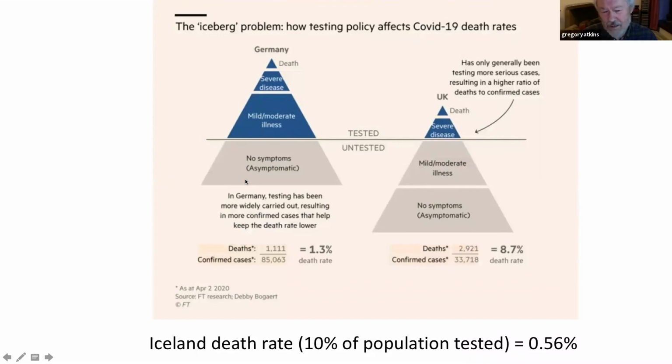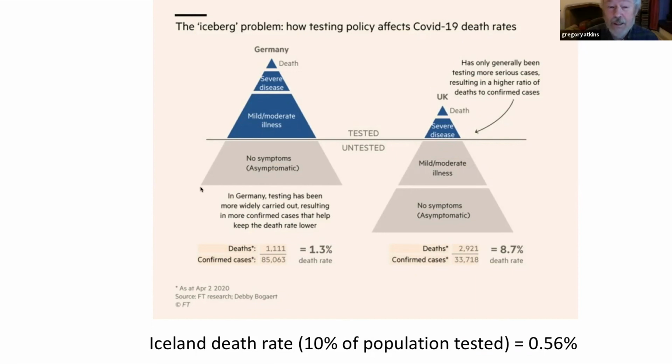But this was a way they illustrated this in the Financial Times, and could be illustrated by what's happened in Germany and the UK as regards testing. In Germany, they got a death rate of 1.3%. In the UK, in the early testing anyway, it was 8.7%.